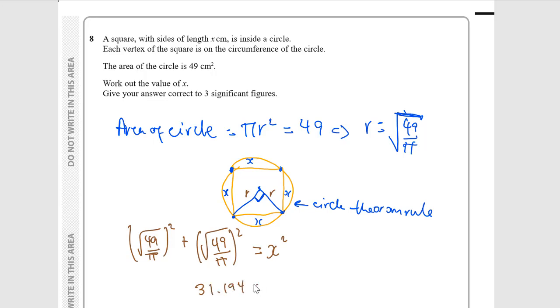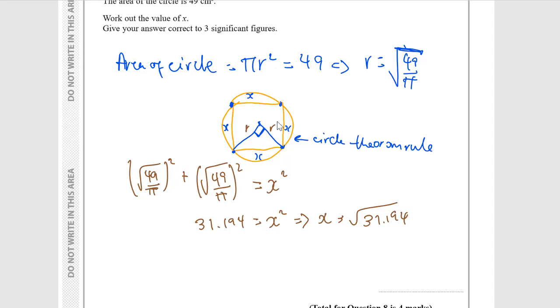then we will get 31.194 equals x squared. This means that x equals the square root of 31.194, and because it wants us to 3 significant figures, then we'll have x equals 5.59. So the answer is 5.59.